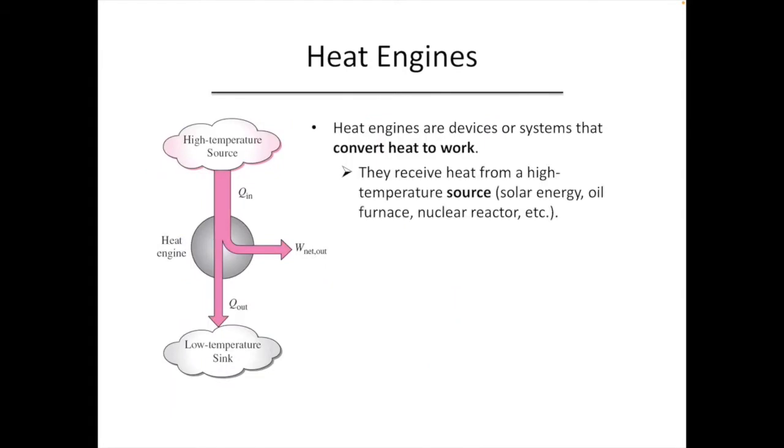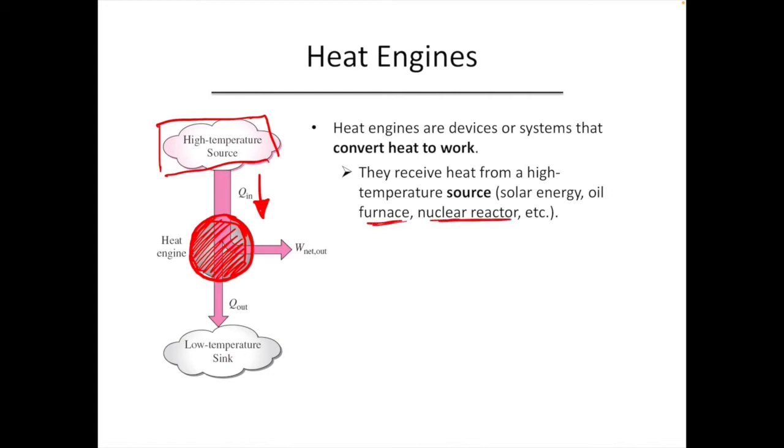On the left here, you can see a diagram that explains what a heat engine does. This circle represents the heat engine itself, and there is a transfer of heat into the heat engine from a high temperature source. That source can be a furnace or even a nuclear reactor.